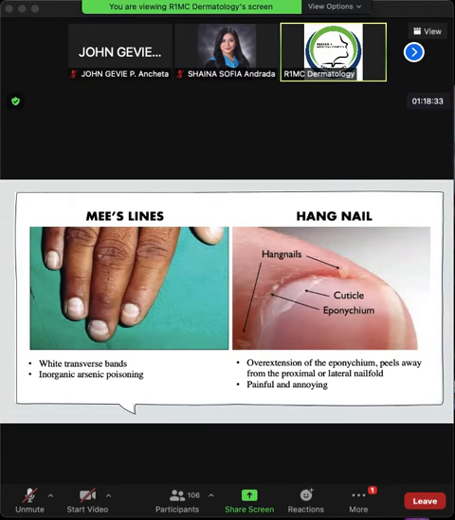This frequently develops in patients with persistent cuticle biting. So what we do is we trim this with scissors, and we use emollient creams to keep the cuticles soft.